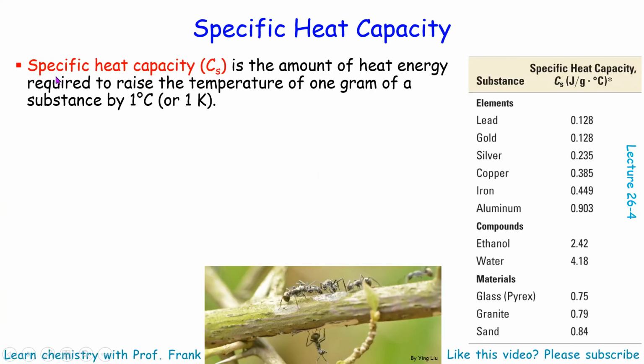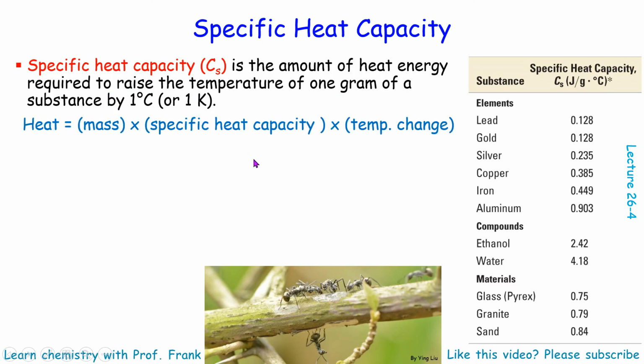Let's take a look at specific heat capacity. That's the heat energy required to raise the temperature of 1 gram of a substance by 1 degree Celsius or 1 degree Kelvin. Let's look at the key equation right here. In this case, the heat, or Q, can be calculated by the mass, then multiplied by specific heat capacity, not just C anymore, but Cs.